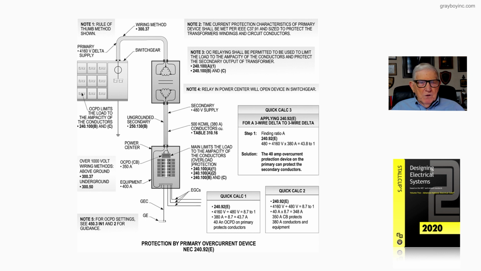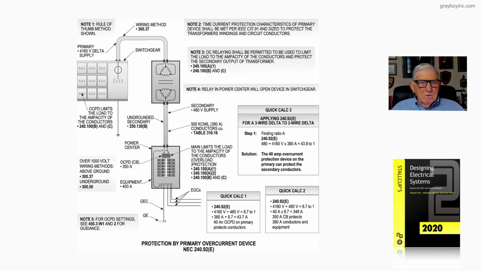Now, if you notice in the illustration, the overcurrent device is 350 amps and the equipment is 400 amps. It's not really service equipment, but sub-panel equipment.